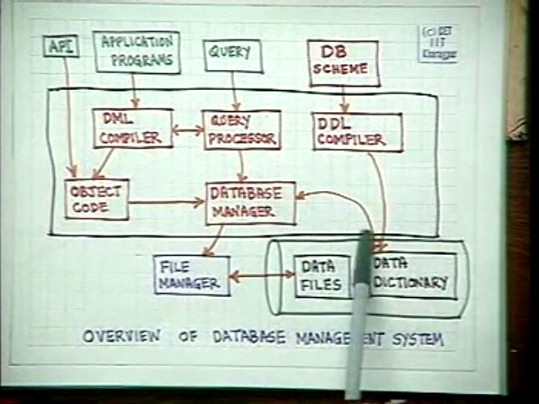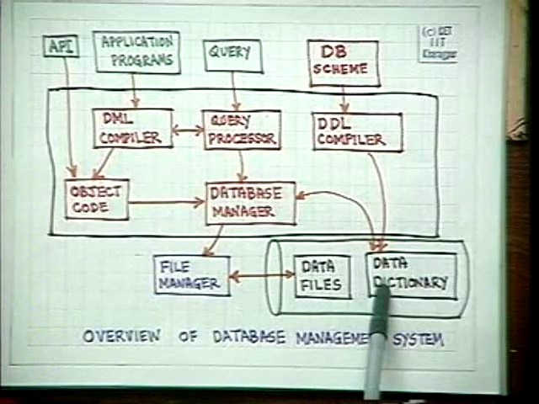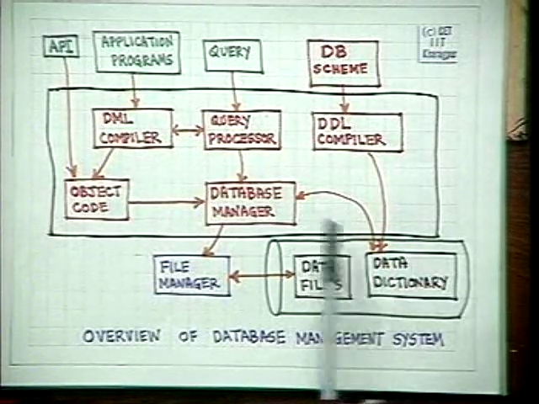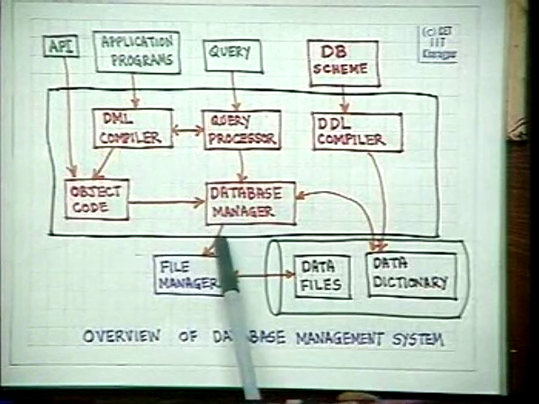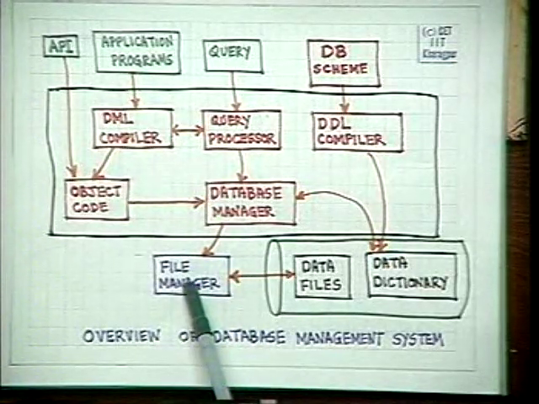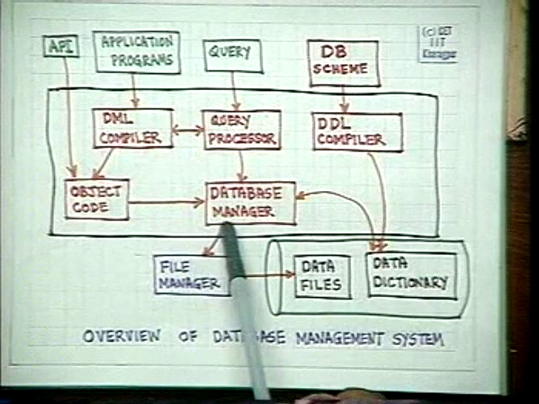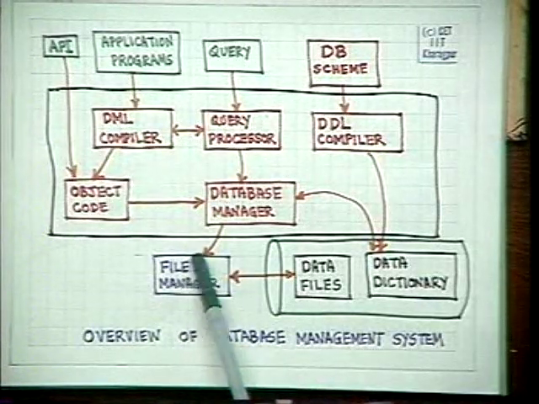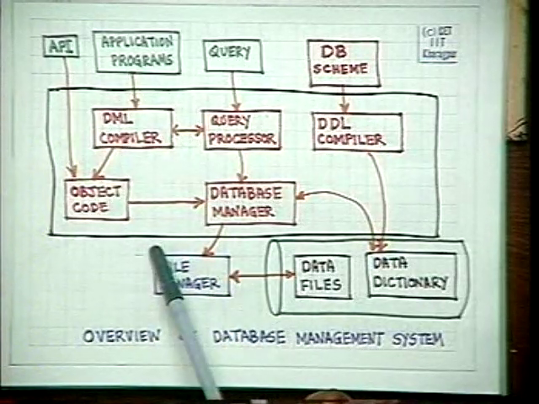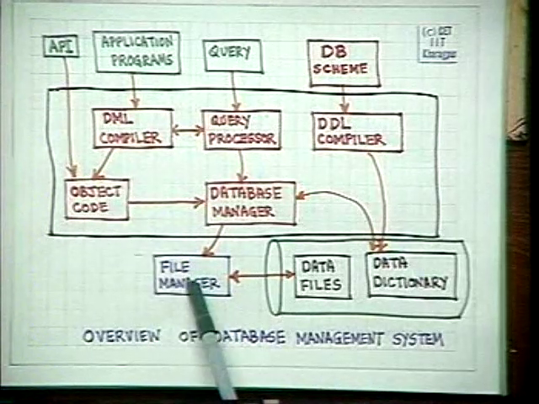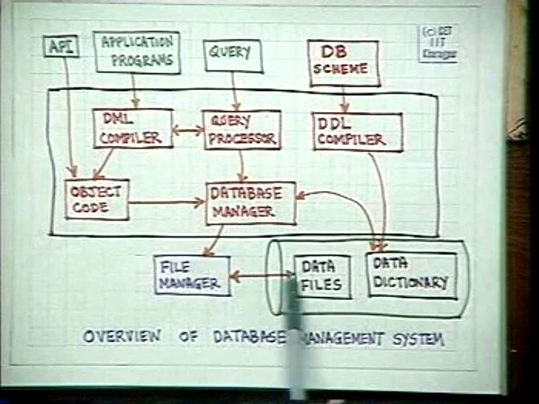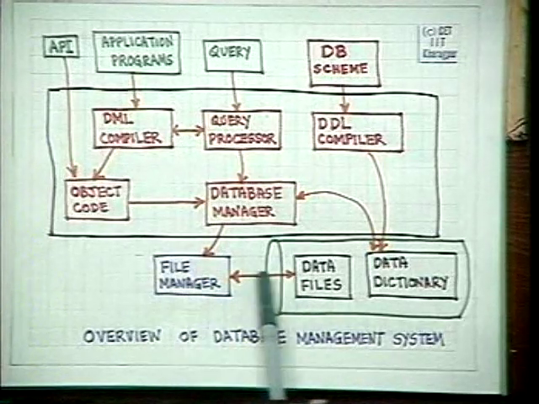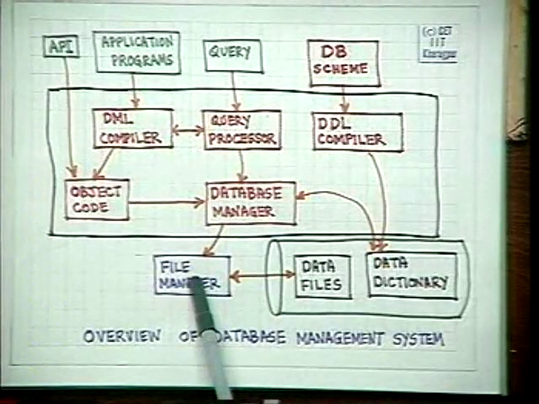The database manager will have a look up here, will consult the data dictionary and then see what is the query required, and will now issue the file system commands to the file manager. This file manager may be an operating system file manager. So it will issue the file system commands to the file manager, who will now directly access the data files, because this is now going into the operating system.